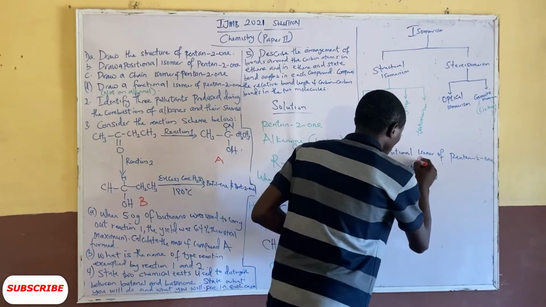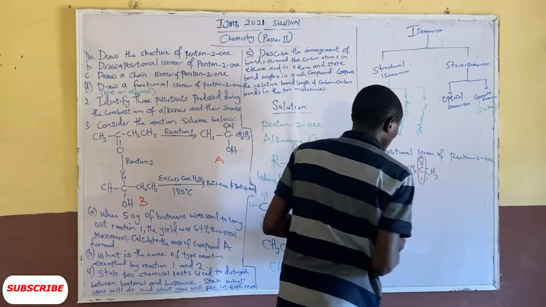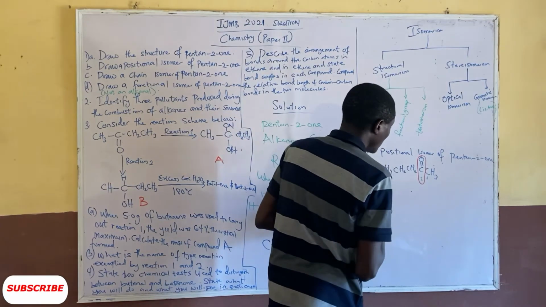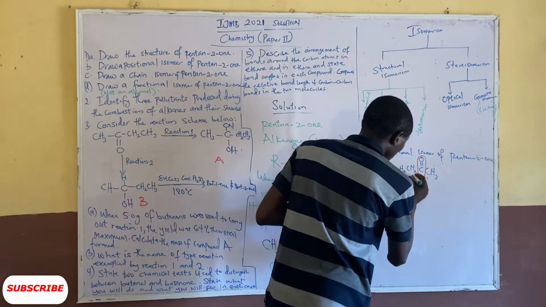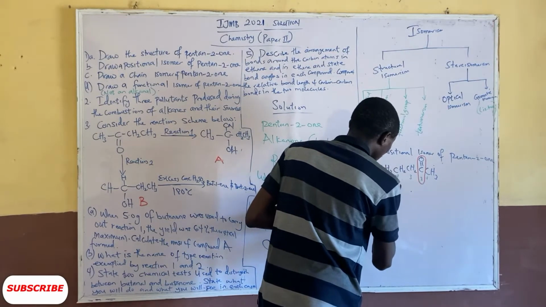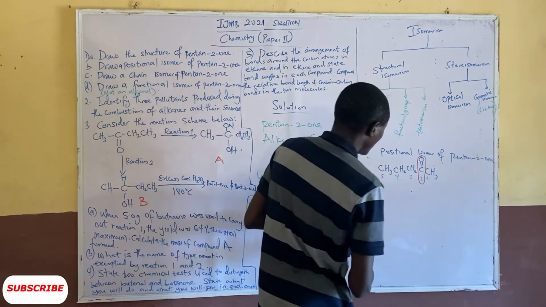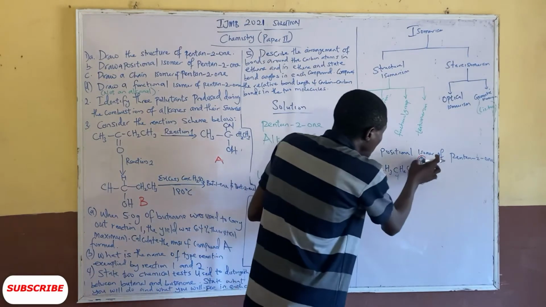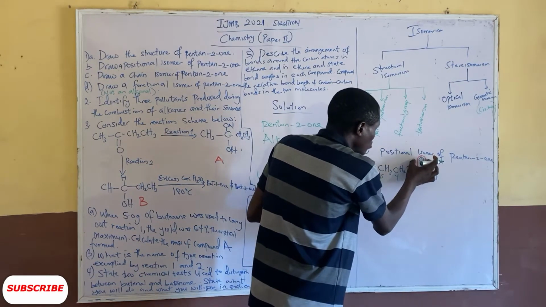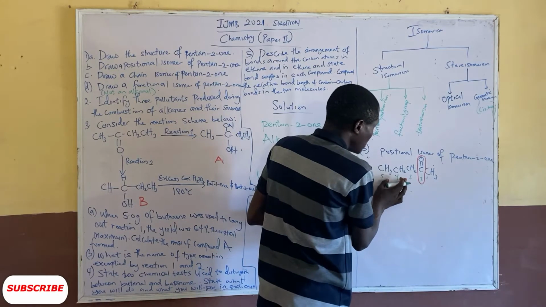The position here is number 2. We can bring it to number 3. You know this is number 1, number 2, number 3, number 4, number 5. So this is pentan-2-one. Now, if that is pentan-2-one, we can change the position of the carbonyl to be on number 3.